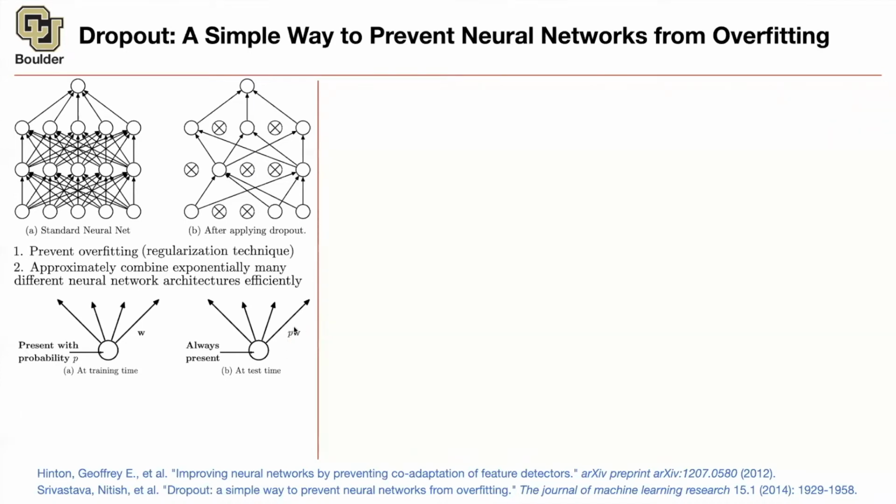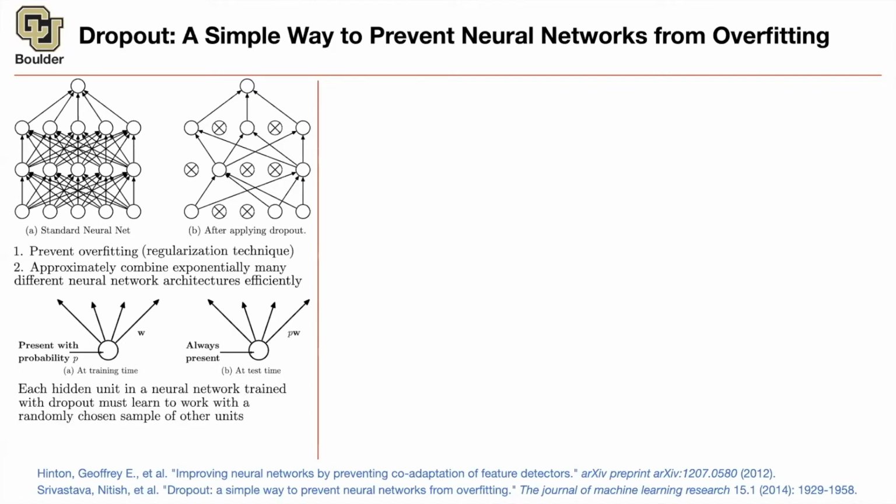So it's the expectation of your neural network, but you're doing it in an approximate way. So it's an approximate expected value of your neural network. So in the end, what you get is an ensemble.